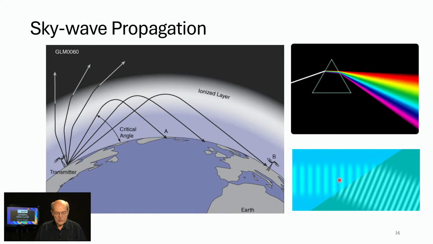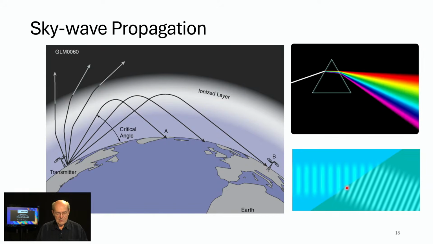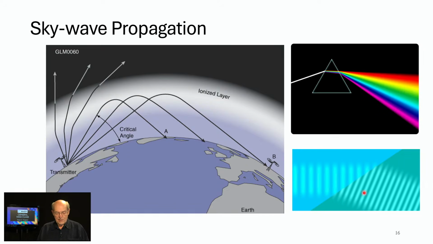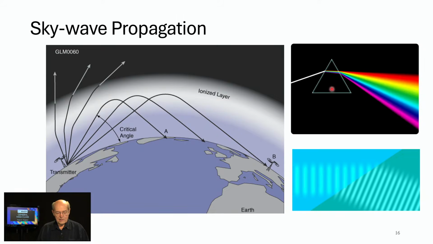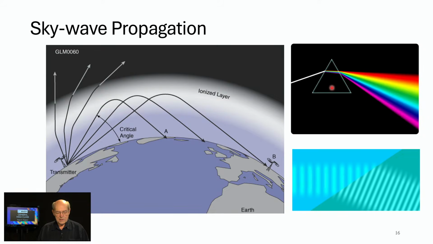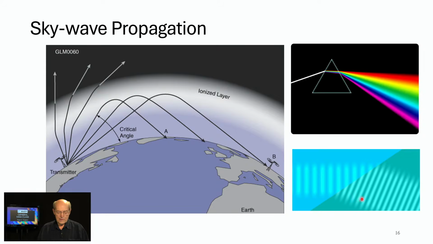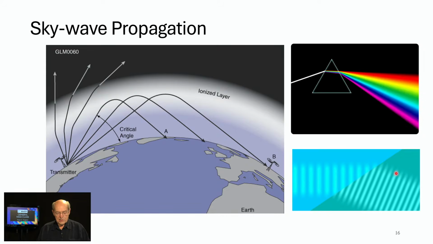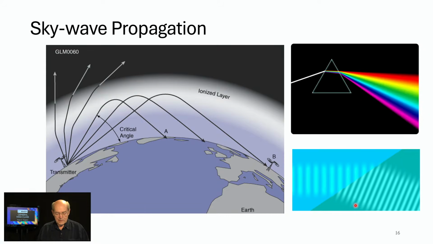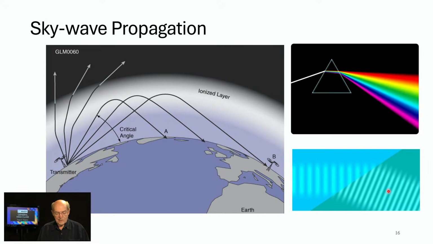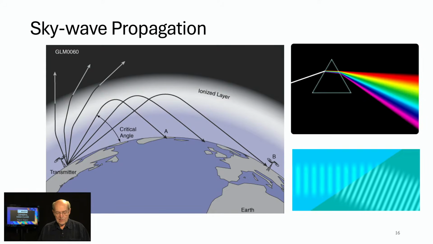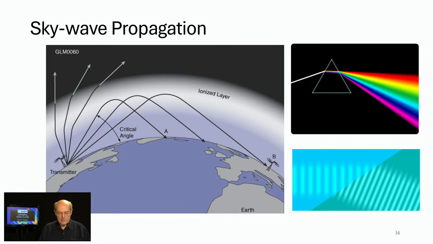And here we've got a picture of actually a radio signal. We've got a radio signal coming in, and there's a difference in electron density. Here we had glass that was the change in density with light. Here we've got electron density changing in one of the ionospheric regions, and that will bend the radio wave. And you can see if it continued to bend the radio wave, it would eventually bend it back down to the Earth.